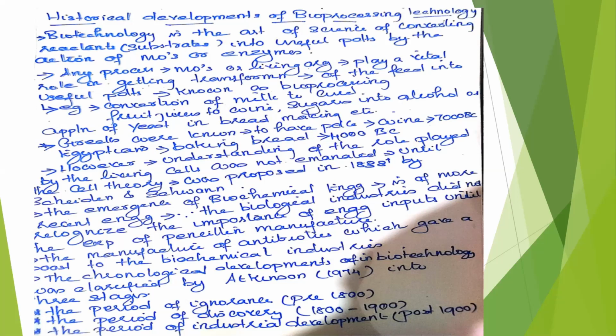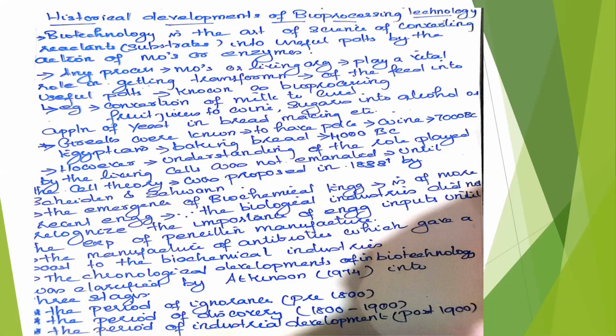So in any process in which microorganisms or living organisms, it may be a microbe or animal cell or plant, whatever it is, a living organism is involved in transforming a feed. We will not call it a reactant, we will call it a substrate or a feed, into a useful product, that can be called what? Bioprocessing.